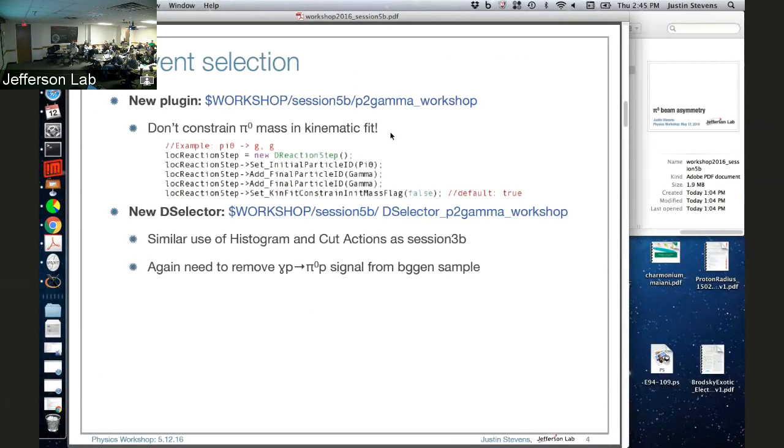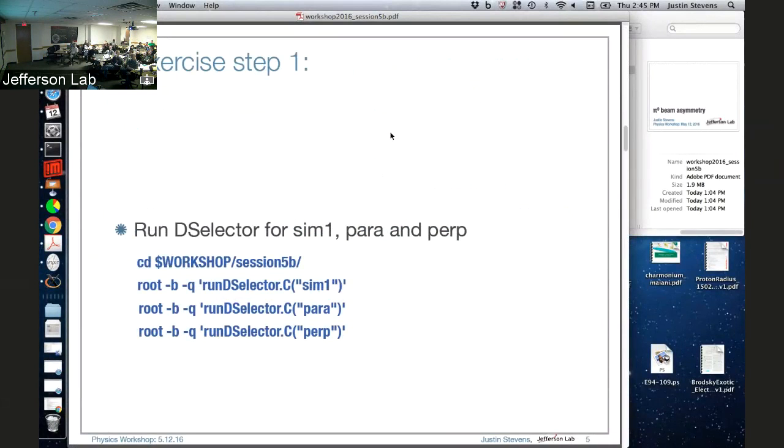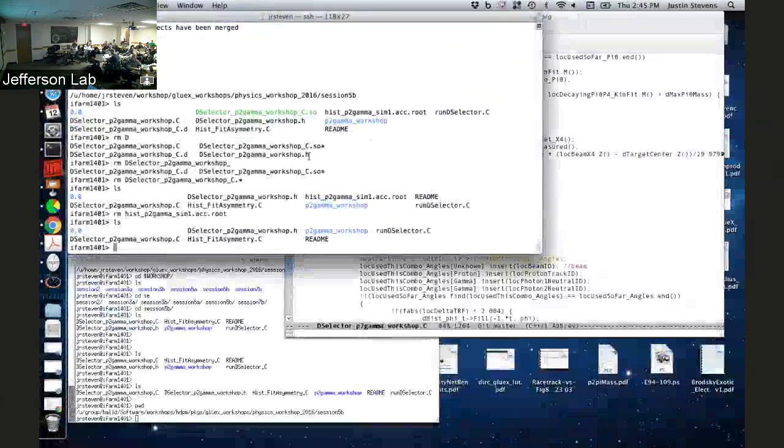I'll give people a few minutes to go into this directory and actually execute these commands to run this new DSelector for this pi0 channel. Again, we have 3 samples now: sim1, para, and perp, which are the background, and then the 2 signal samples with the 2 photon beam orientations. And so we'll go in and do that. And so I'll go do that as well while we're speaking.